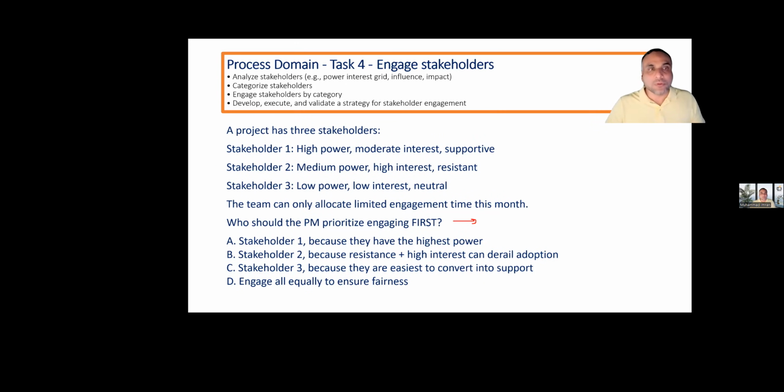The team can only allocate limited engagement time this month. Engage first: stakeholder one, because they have the highest power. Stakeholder two, because resistance plus high interest can derail adoption. Stakeholder three, because they are easiest to convert into support. Engage all equally to ensure fairness.